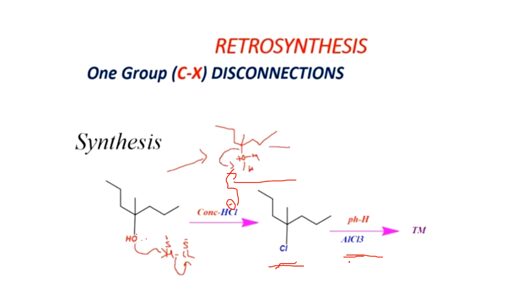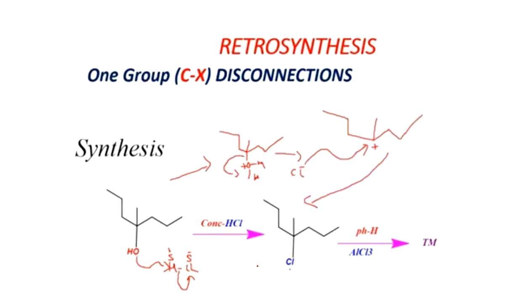Always remember, whenever we are doing synthesis or retrosynthesis, the end fragment of our reaction is the starting compound of our synthesis. So this is our target molecule. Look at how the lone pair attacks this hydrogen, forming this leaving group. The leaving group leaves and Cl minus attacks the carbocation, forming a stable intermediate.